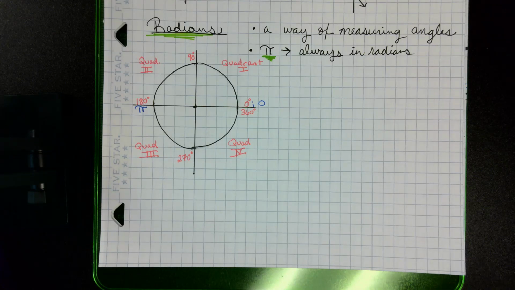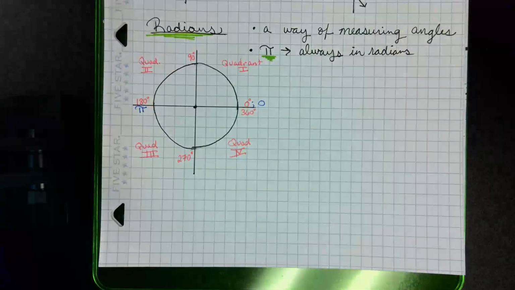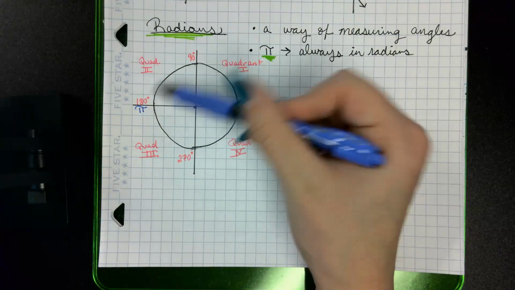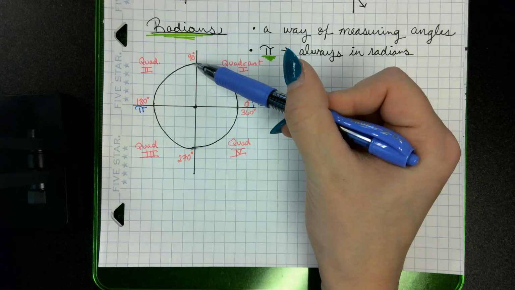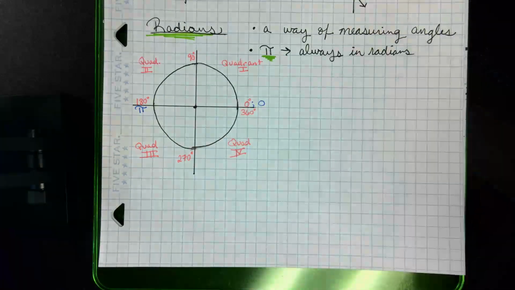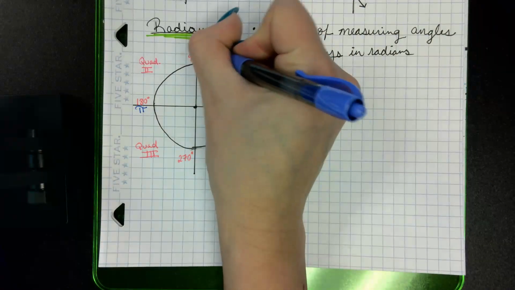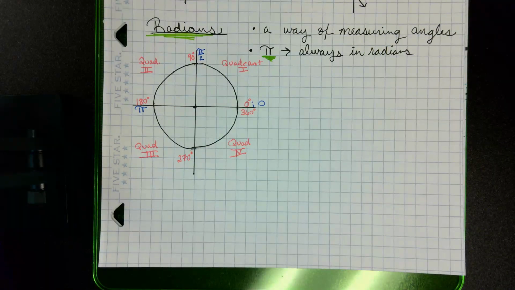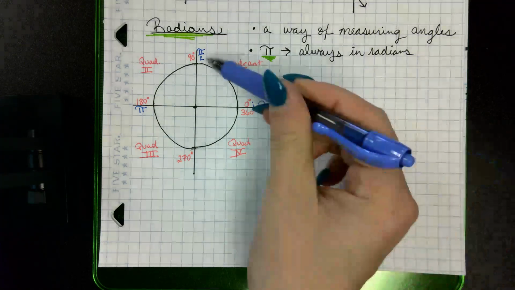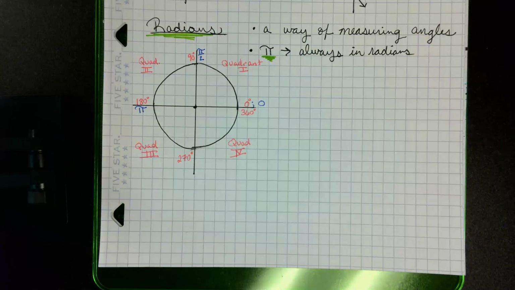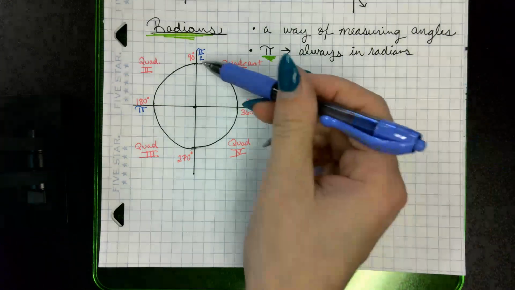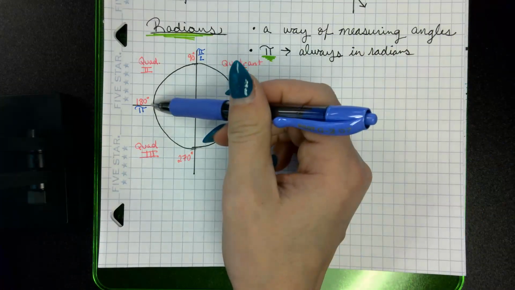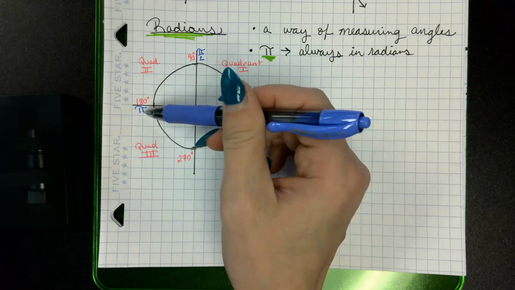So if it's 1 pi to get halfway around the circle, what if we wanted to go a quarter of the way around the circle, half of that? Well, we would take pi and divide it by 2. So pi over 2. And we will use fractions. Leave it like that. That's exact. Pi over 2. So that tells us that 1 quadrant is pi over 2. Then 2 quadrants would be 2 pi over 2, which is pi.